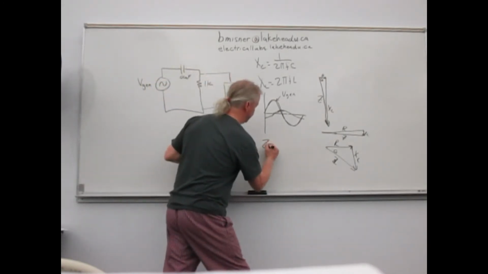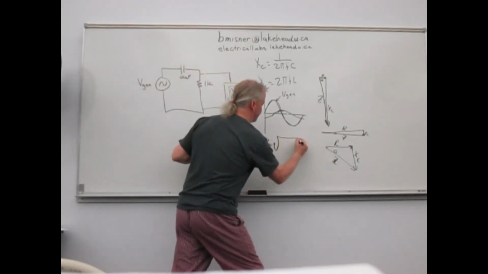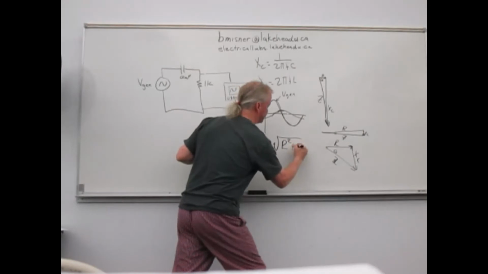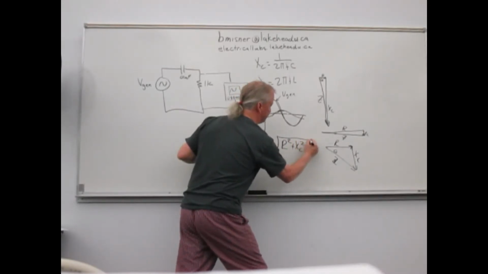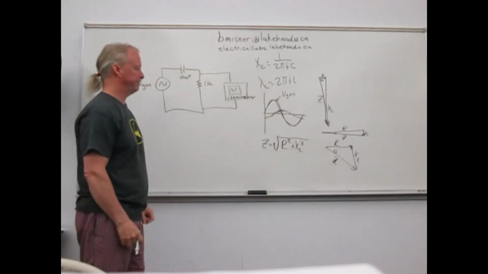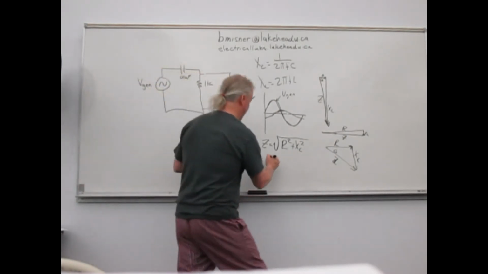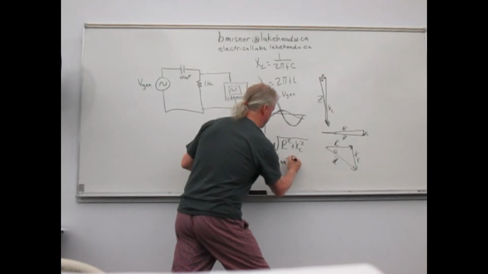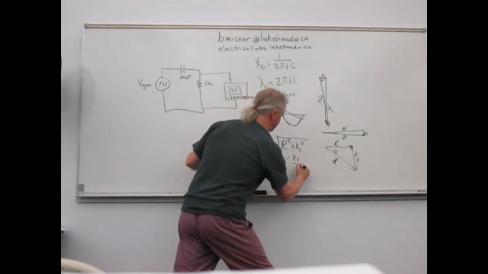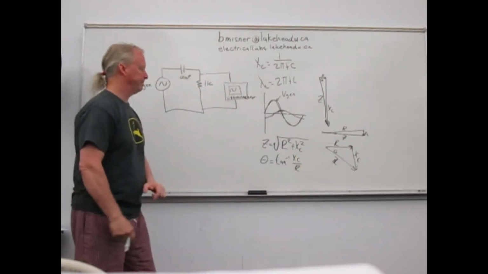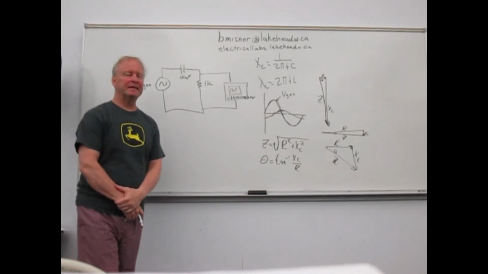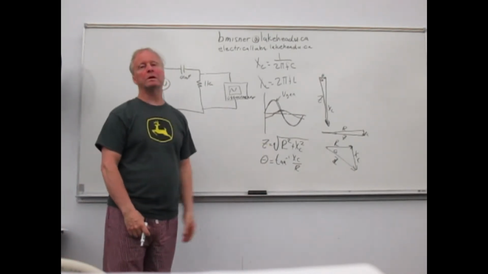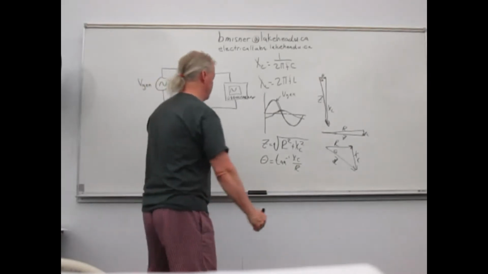So Z equals the square root of R squared plus XC squared, right? And then theta is the arctan XC over R. Okay? And these equations are true for the voltages as well, right?